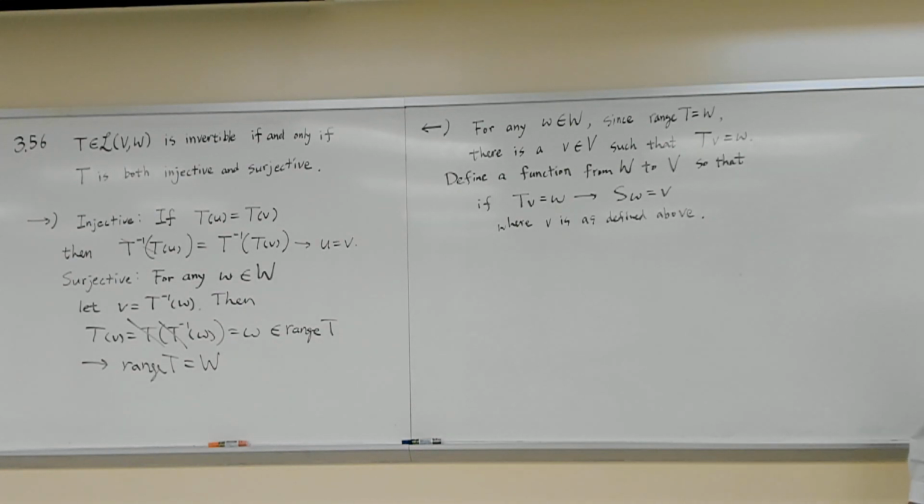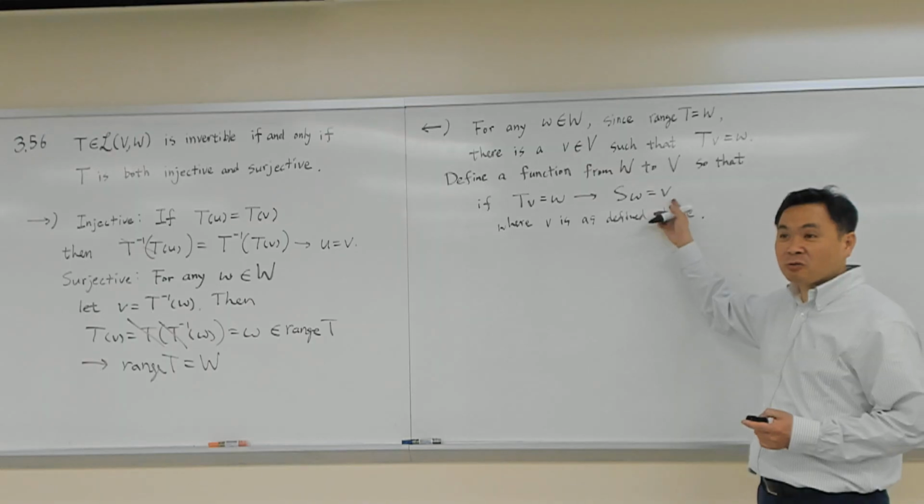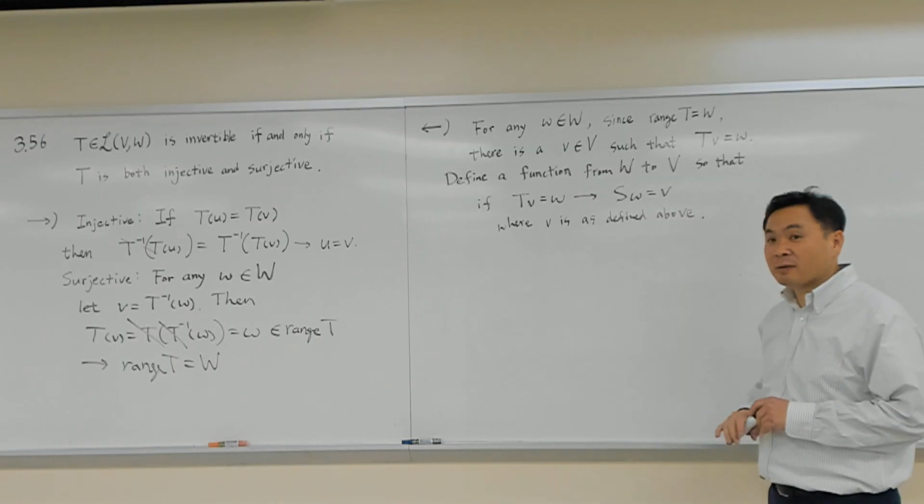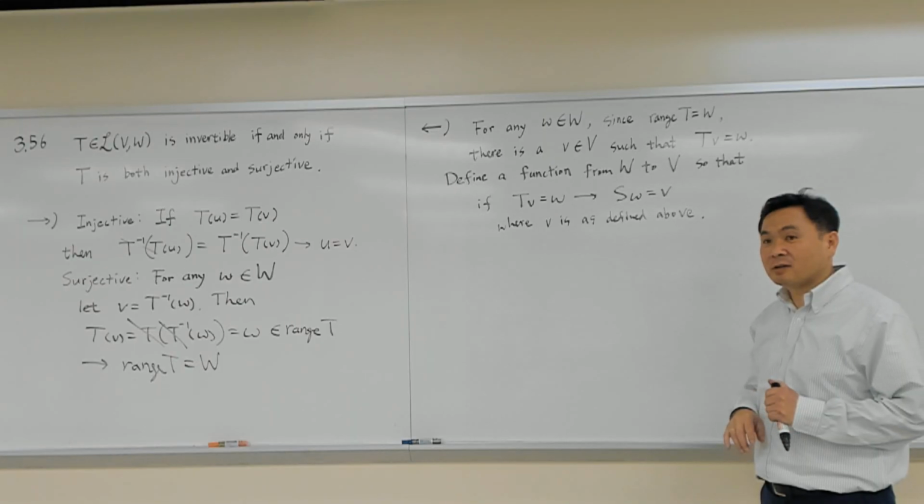How do you know that this is well defined? For S to be a function, you need this pairing, w to v, to be well defined. How do you know that's well defined? It should be injectivity.